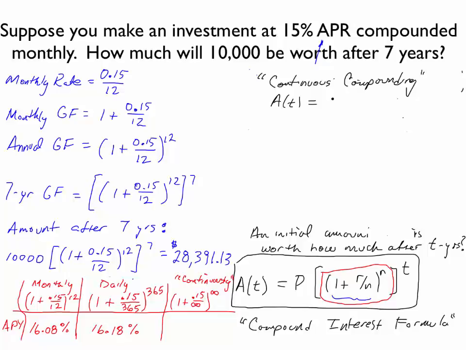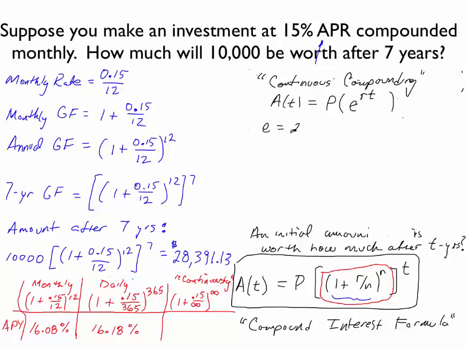It's P, so our initial amount, and then our growth factor would be e to the rt. r is still the APR. t is still the number of years. And then this e is a number like pi. It's a constant number, a non-repeating infinite decimal like pi.